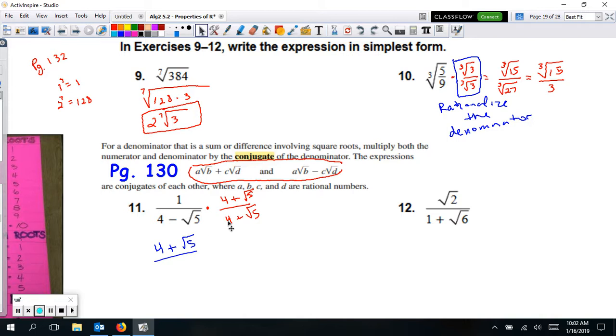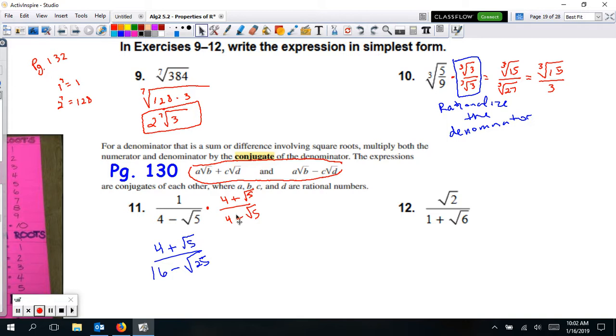But as I multiply these down here, we're going to do the sum and difference pattern. This is a sum and difference. Here's the difference, here's the sum. We can just do the F and L from FOIL. So the first terms, 4 times 4 is 16. The negative times positive will be a negative sign there in the middle, and then the square root of 5 times another square root of 5, we can multiply those and get square root of 25.